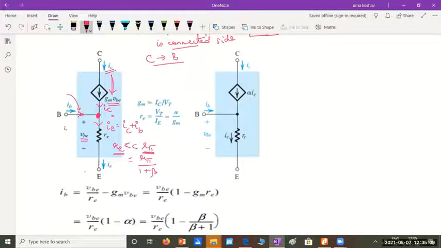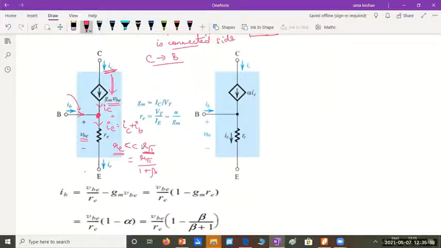So the T model includes again one dependent current source and one resistance, but the dependent current source is the same as in the previous case because it is used to represent collector current or output current IC, which is equal to GM into VBE. It is dependent on the input voltage VBE, whereas the resistance used in this model is the emitter resistance RE.